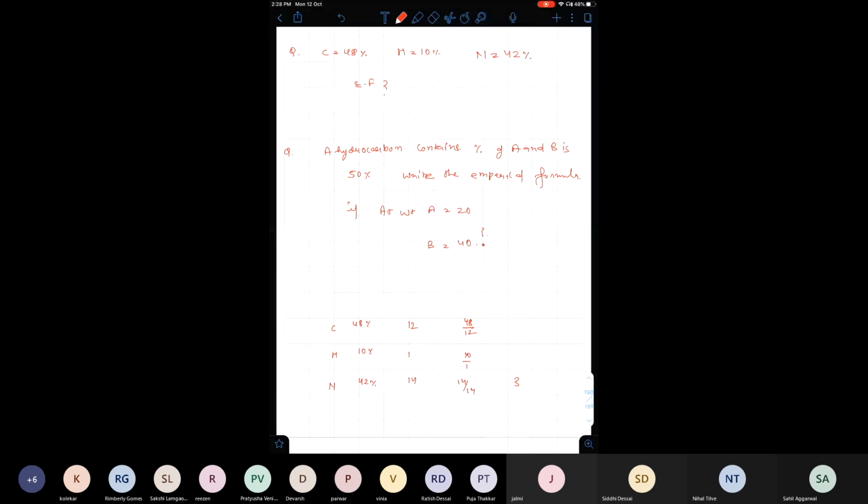This will be 4, 42 by 14 will be 3, 10, and this will be 4, right? Now divide everything by 3. So it will be 4 by 3, 10 by 3, and this will be 1.